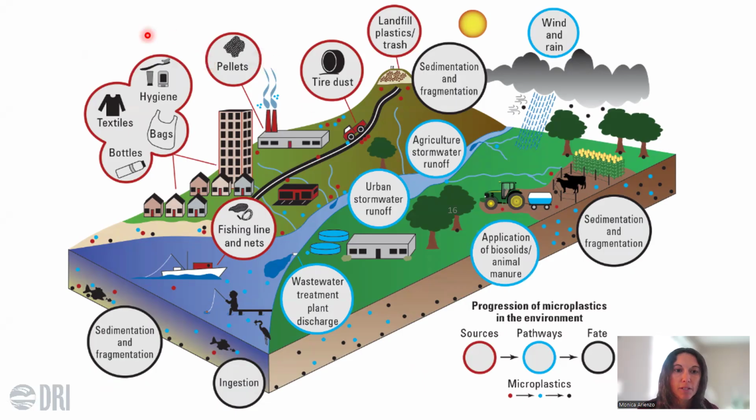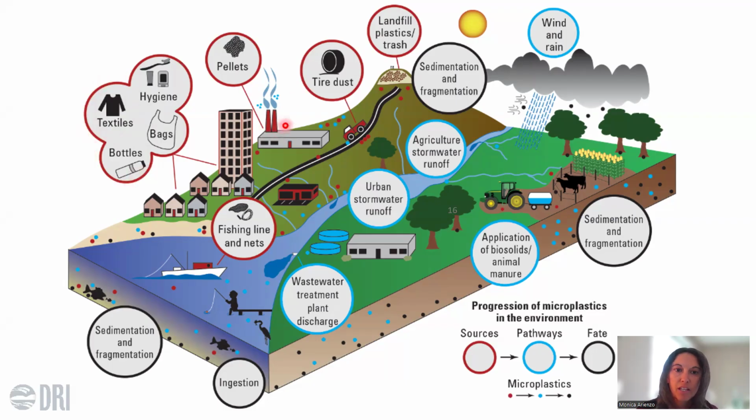So, for example, in red here, we have different sources, which can include things like our plastic bottles, our bags, our textiles, and these can escape into the environment through humans leaving them in the environment, or through other processes, like when we wash our clothing, for example, that can actually release plastics into the environment because our clothes contain plastics.